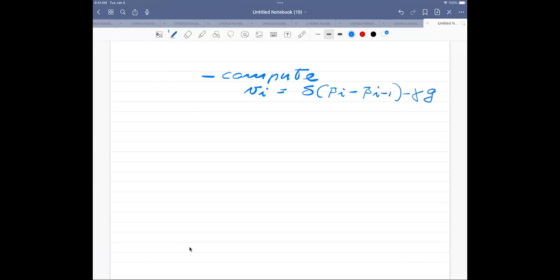And I just put a gradient calculated at the value of beta of I. So I put a subscript I here. And then the next step is to update beta of I. So we get beta of I plus 1 is equal to beta of I plus this v of I. And this ends the while loop.